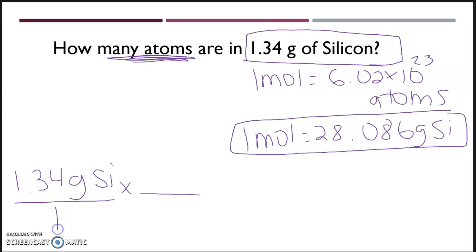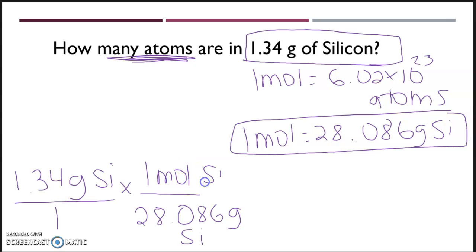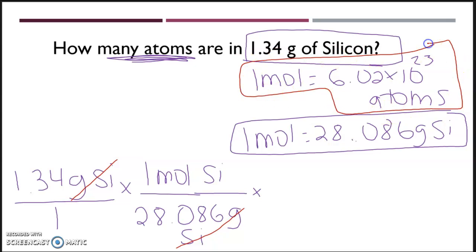I've got grams up top, so grams go at the bottom. 28.086 grams of silicone, and that equals 1 mole of silicone. So I've gotten rid of my gram unit, now I have moles. I don't want moles, I want my answer to be in atoms. So I will use this second conversion next.